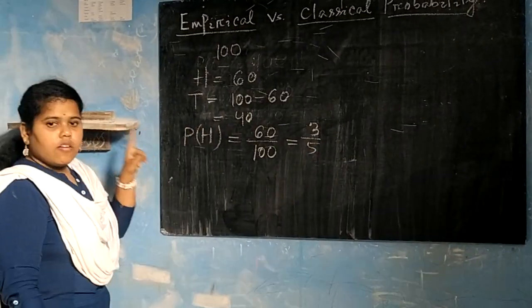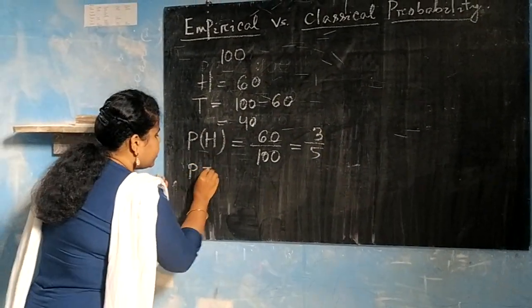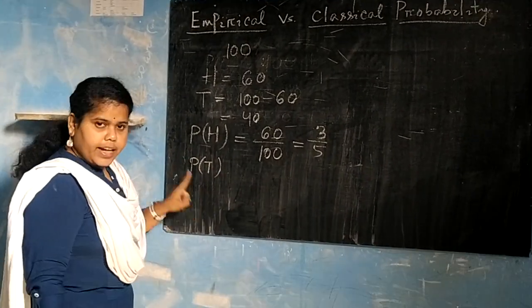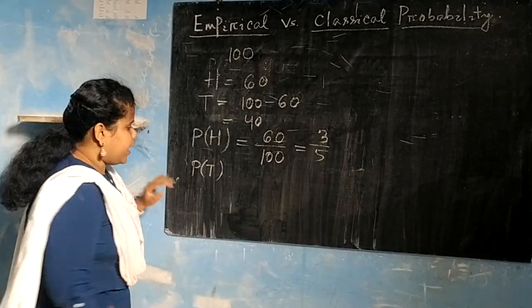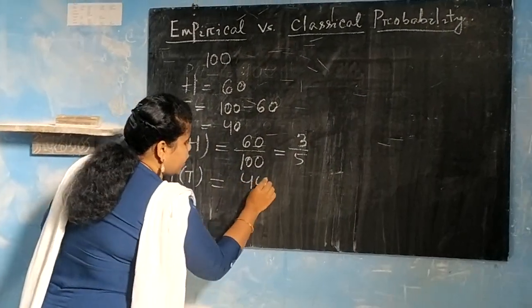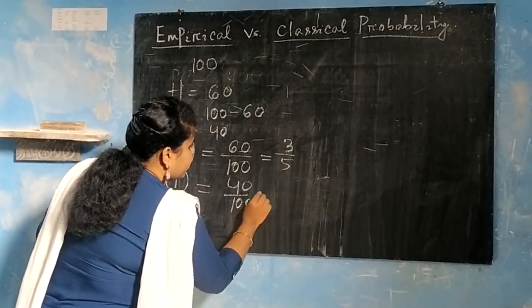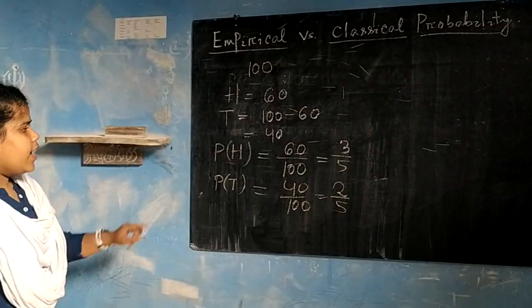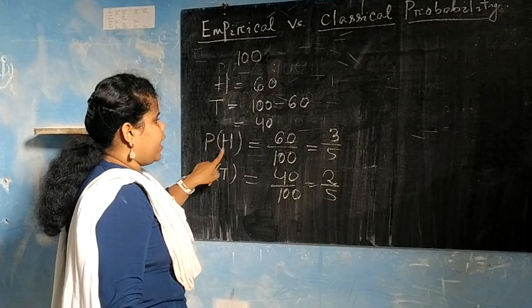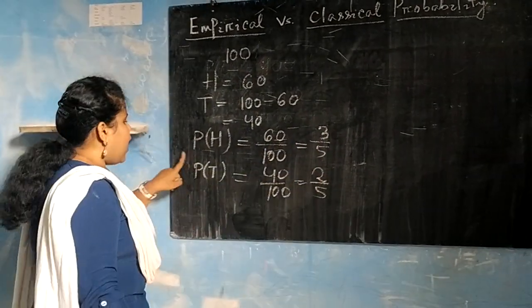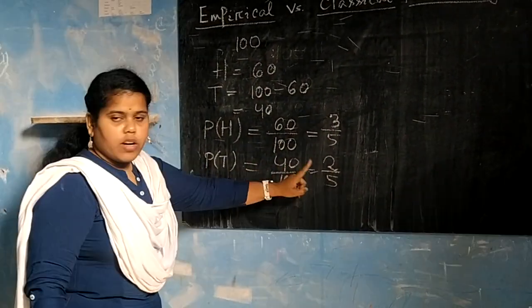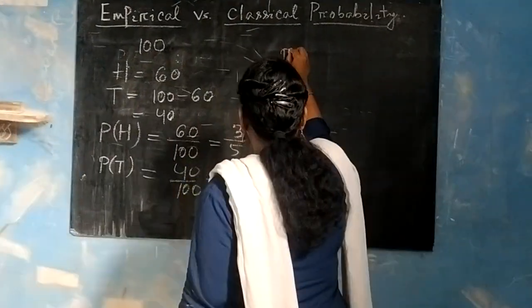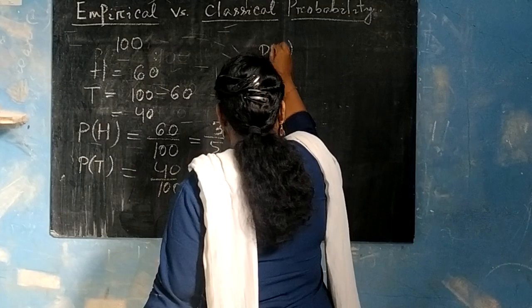Okay, then what is the chance of getting tail? PT indicates the probability of getting tail, which is equal to 40 by 100, which is equal to 2 by 5. Here probability of getting head is 3 by 5 and probability of getting tail is 2 by 5. So here actually we found the formula, that is PE.